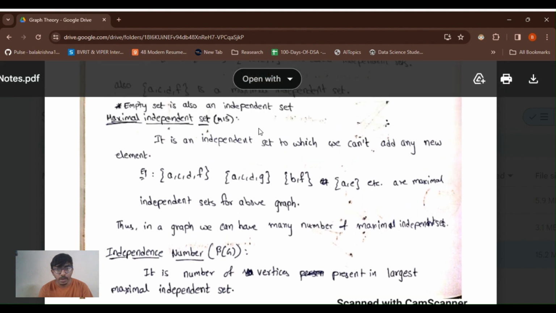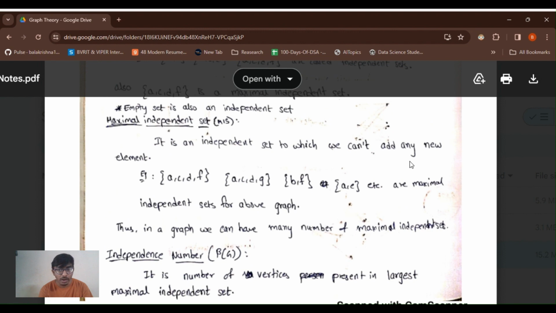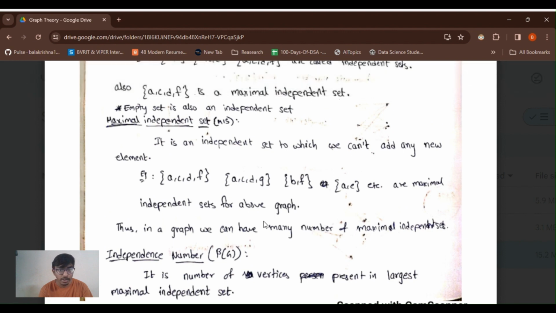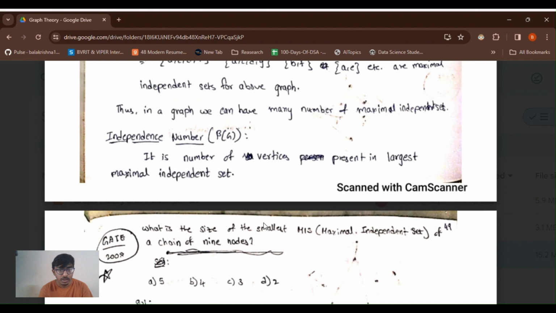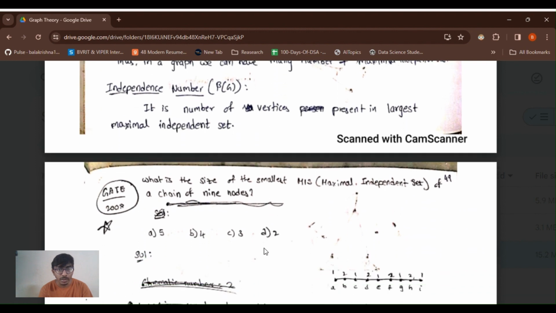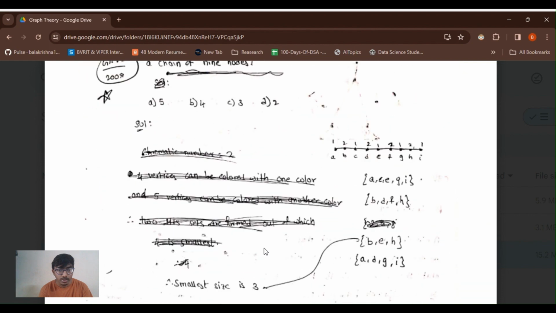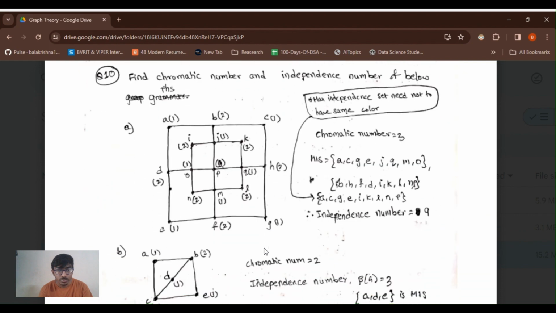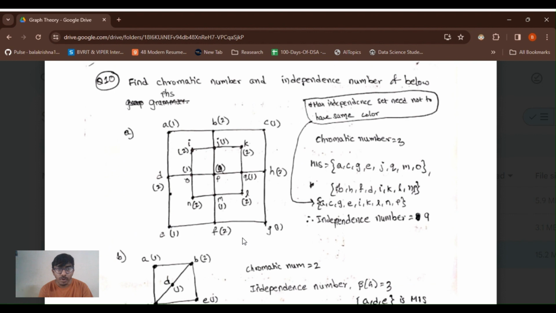An independent set to which we cannot add any new element is called a maximal independent set. Independence number is the number of vertices in the largest maximal independent set. Now find the chromatic number and independence number of the below graph.